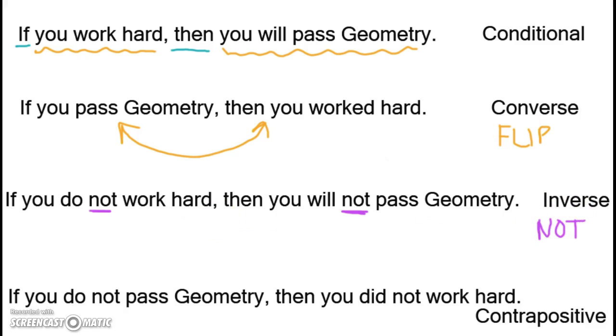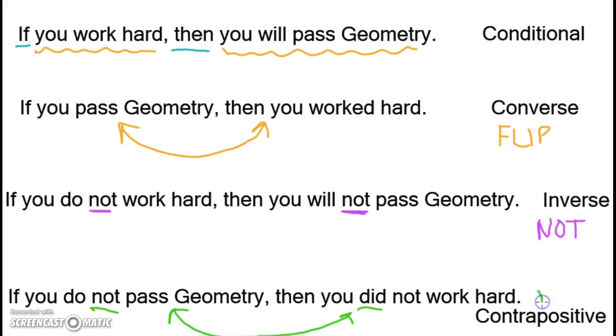The last one that we have to do is called a contrapositive. And a contrapositive is where you do both of these things. You take the original conditional statement, you flip it around, and then you add nots to both parts. So you say, if you do not pass geometry, then you did not work hard. So we have nots, and we flipped our things around.